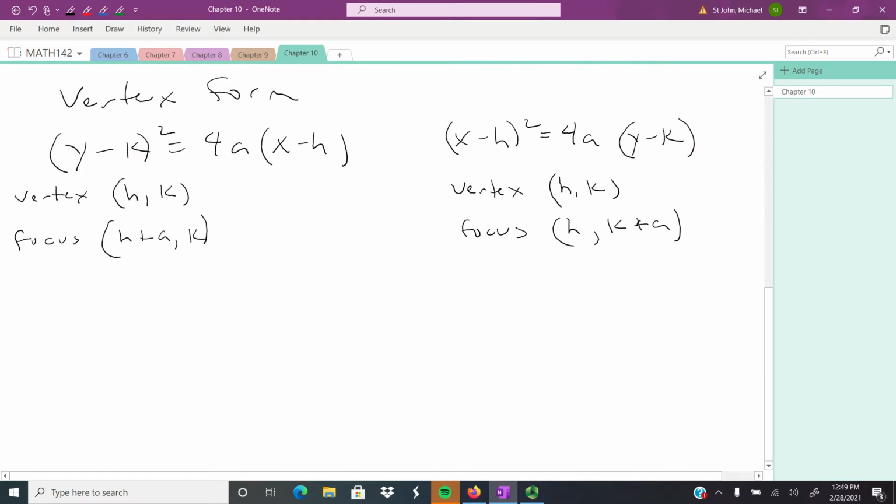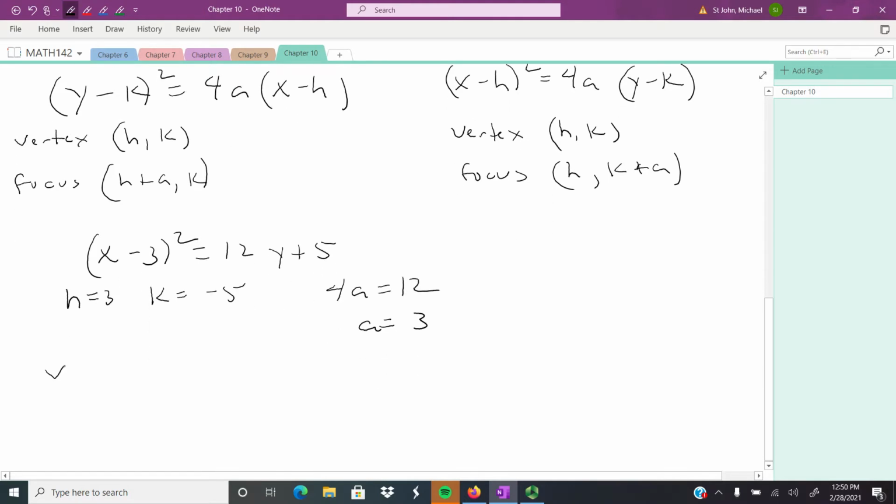Given something like this, (x minus 3) squared equals 12(y plus 5), we know that h is 3, k is minus 5, and we have that 4a is equal to 12, which means that a is going to be 3.